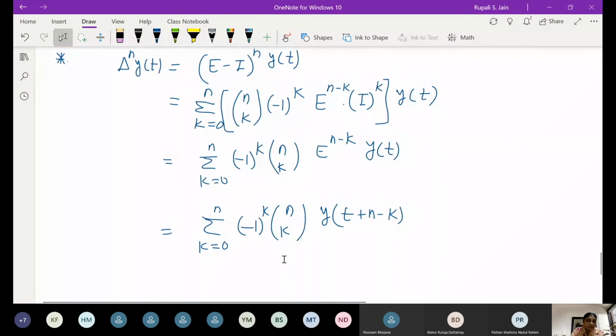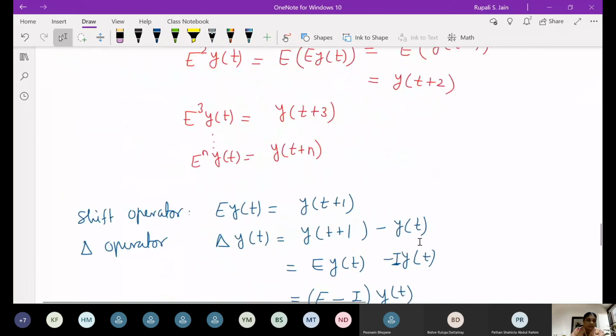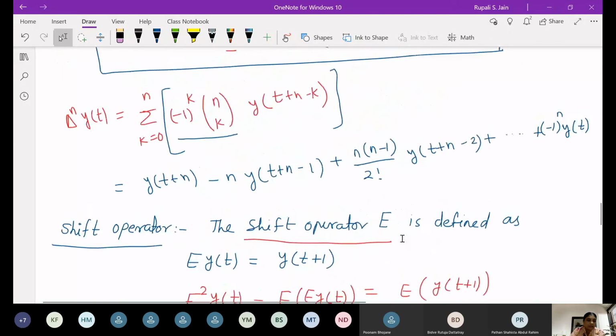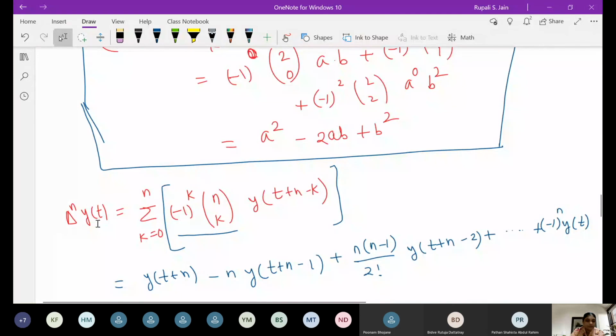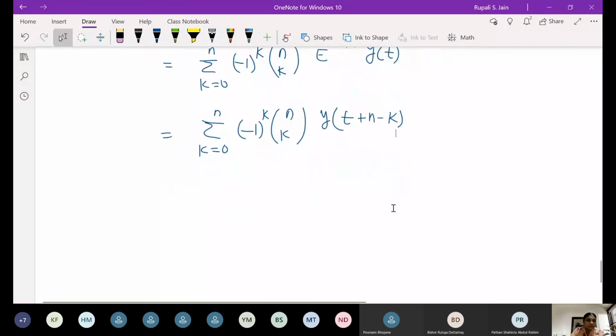This is the nth order difference of yt, and here also we have written the nth order difference of yt by generalizing it. Same thing. Is that okay?